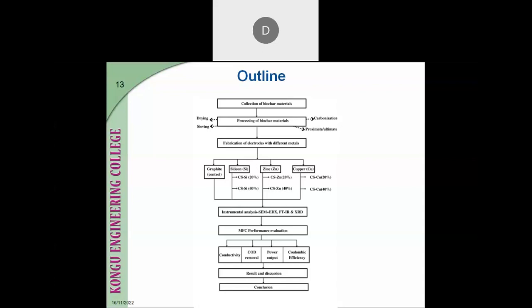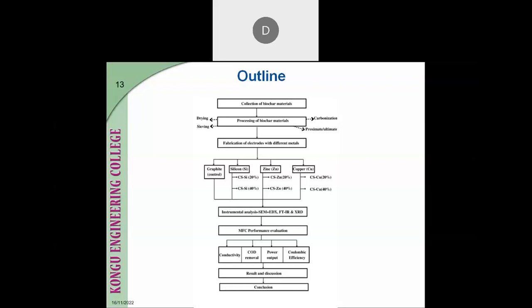Here, if you ask, sir, what are the simultaneous advantages of using the MFC? First, the synthesized material we have derived from waste can be used as the electrodes.